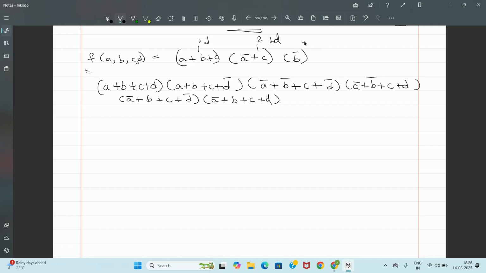Coming to the last one, you have three variables missing, that is a, c, and d. So eight combinations will be there. Leave space for a, write b bar, leave space for c and d. Repeat this eight times.